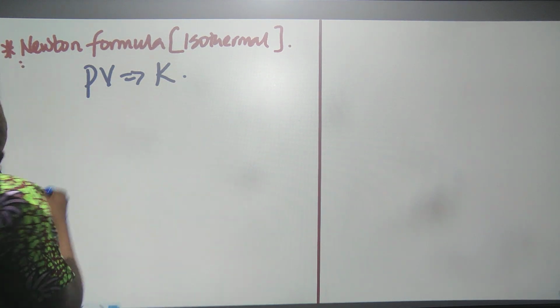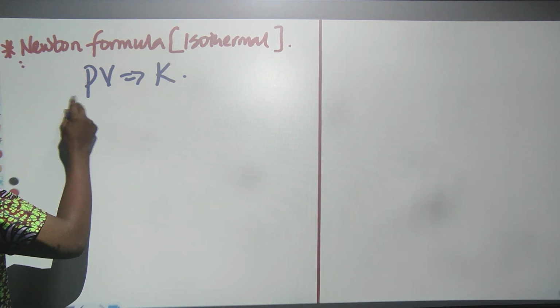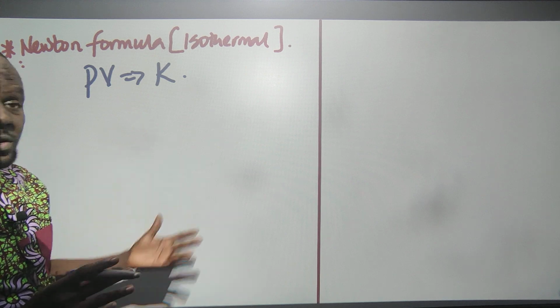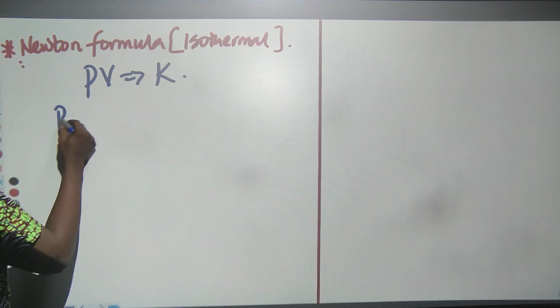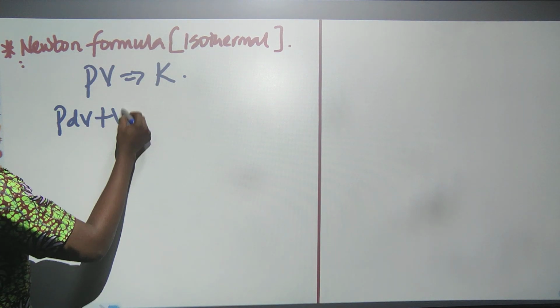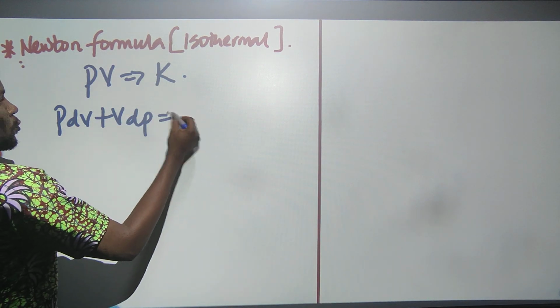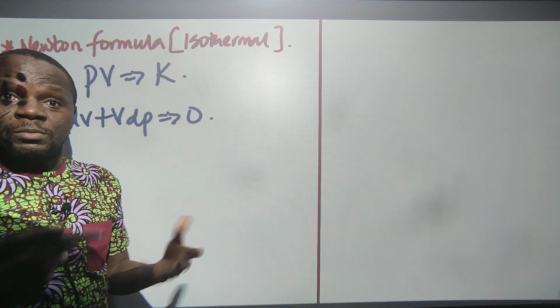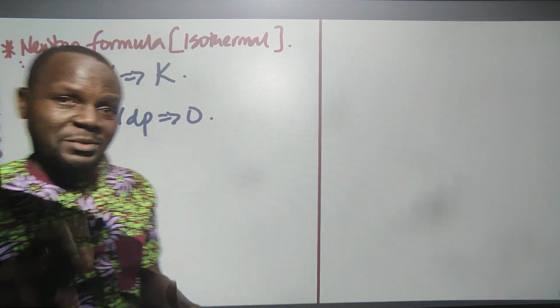So let's differentiate this, using the product rule of differentiation. For those who don't know, just listen. This will be PdV plus VdP is equal to 0. I have used the product rule of differentiation, that is VdU/ds plus UdV/ds. I'm not explaining in detail because of time.